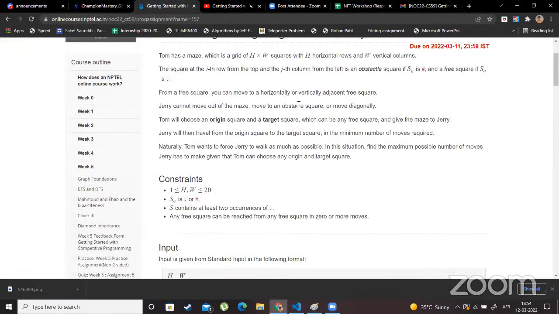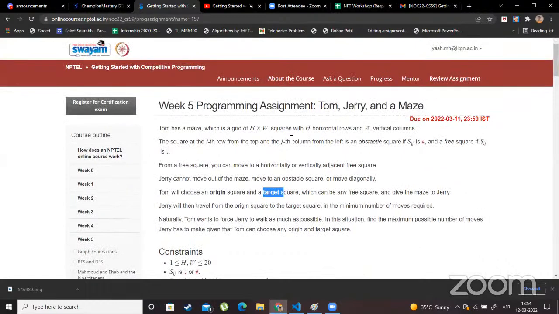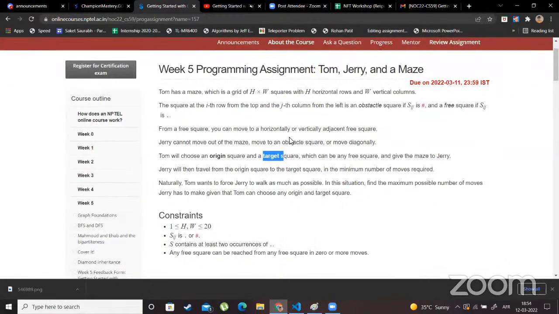So what do we have to do in this question? Tom will choose a particular cell as an origin and another square as a target. Jerry has to travel from the origin to the target. But what Tom wants is that the distance between the origin and target should be as much as possible.